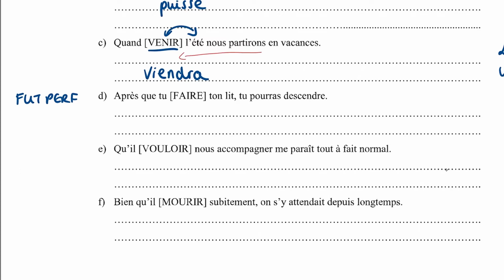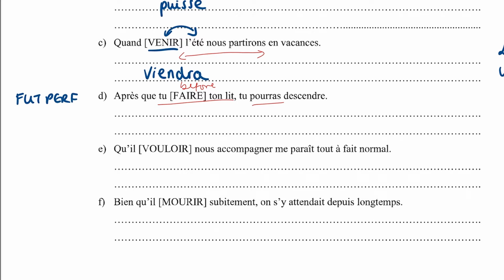So these are both in the same time, aren't they? These two actions, the viendra and the partiront, are happening at the same time. When summer comes, we will go on holiday, right? But then this one, what it's saying is that quite explicitly, this action here is happening before this action here.